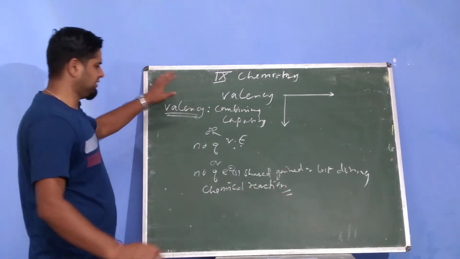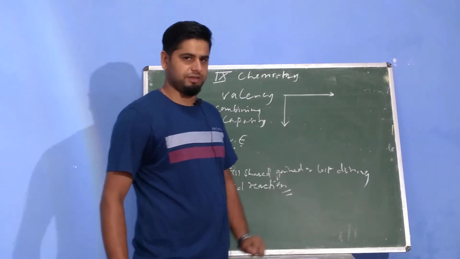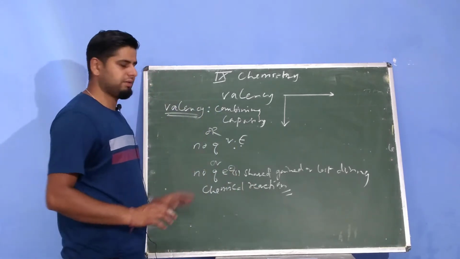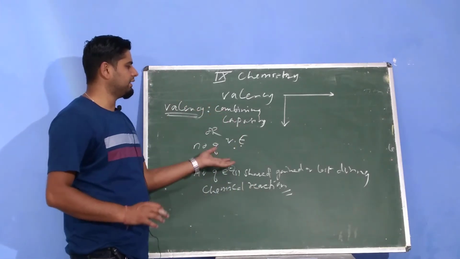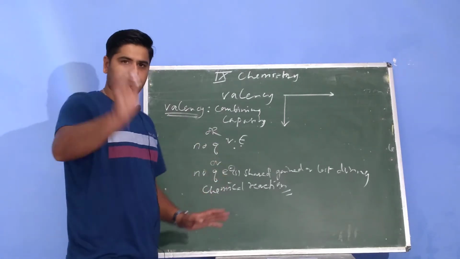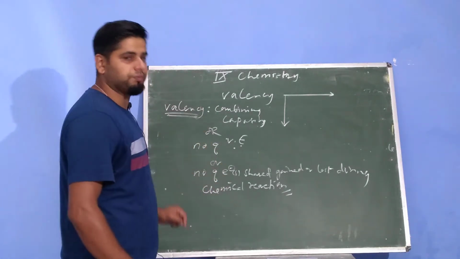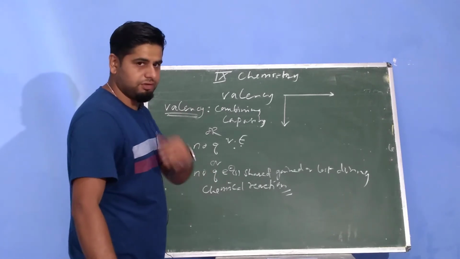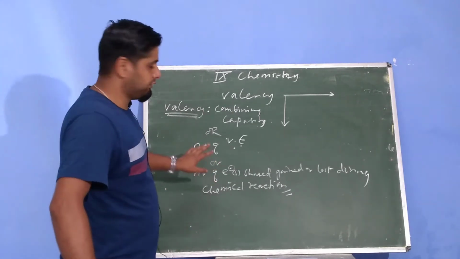In these three ways you can define valency. Simply, you can call it the combining capacity of an element. Got it? This is just for your knowledge. No need to copy this because you have the valency definition in your book. This is just for information.